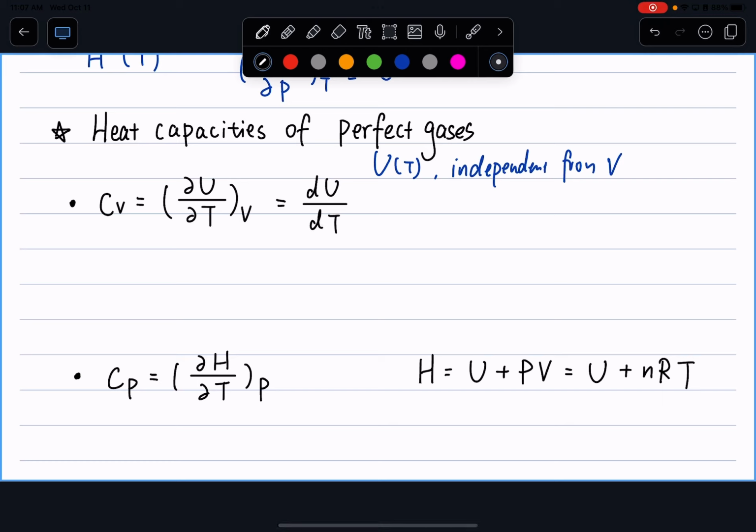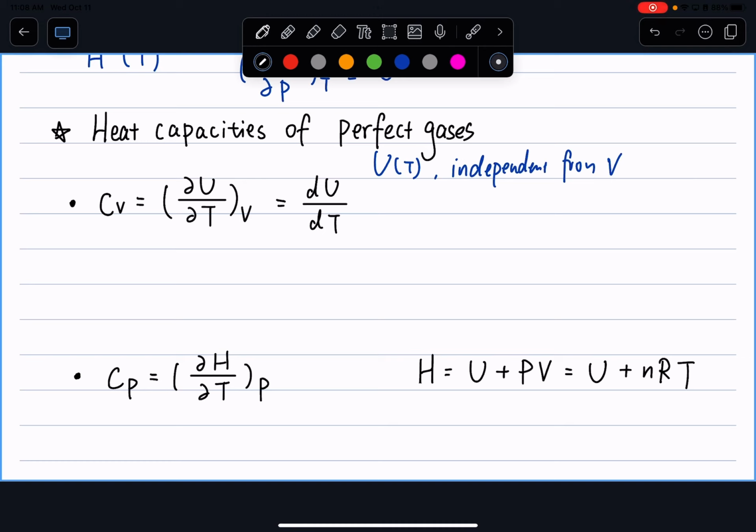dU over dT. So now you see we have three different expressions for the heat capacity, and knowing when to use each is very important. The fundamental definitions of heat capacity are CP equals dQp over dT, and CV equals dQv over dT.